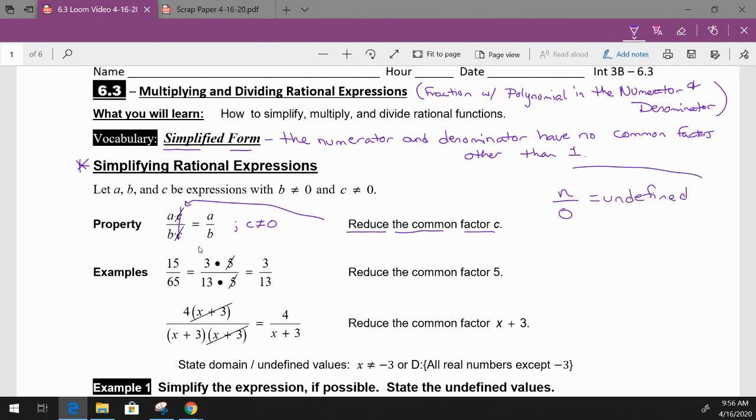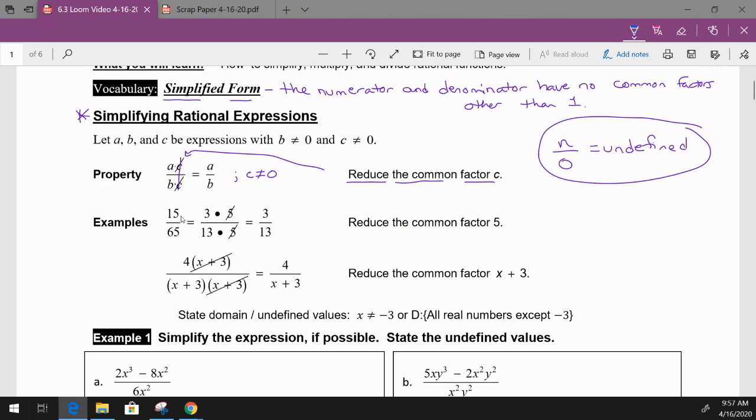So when you're asked for the domain or undefined values, you're trying to figure out what values will make the denominator 0, because those values will make the whole rational expression undefined. When you first started learning how to reduce fractions, you didn't necessarily break it down into factors, but basically that's what you are doing.